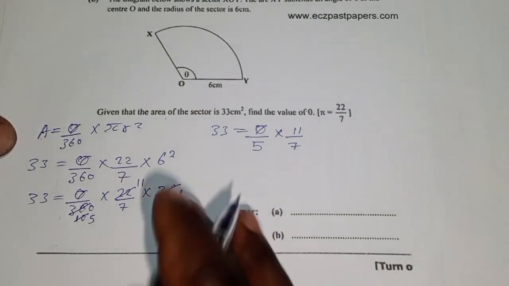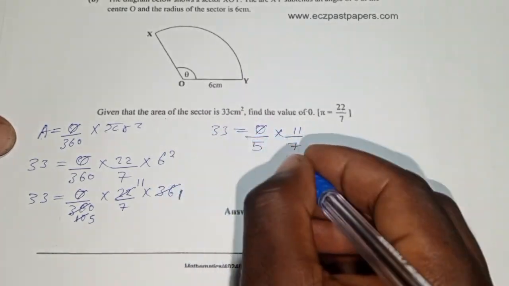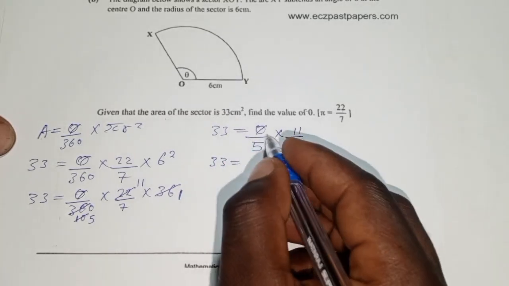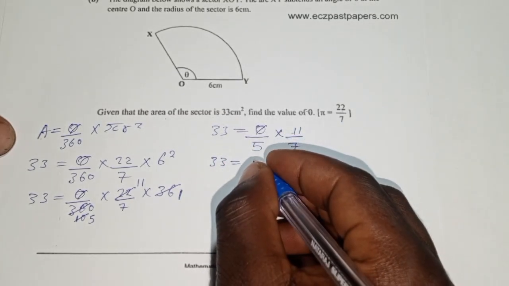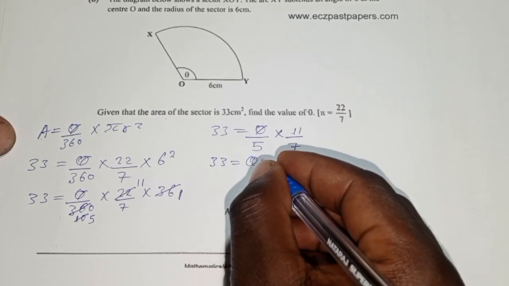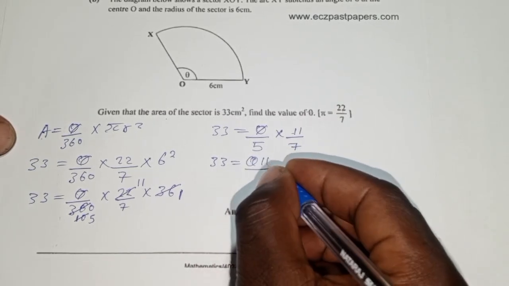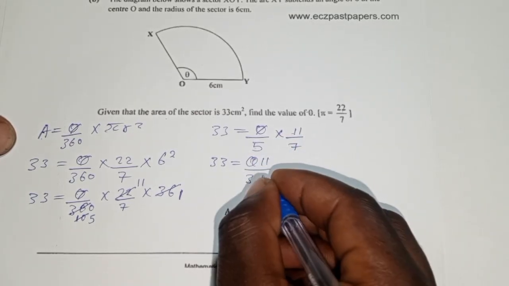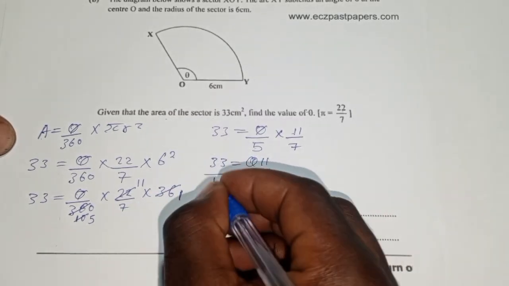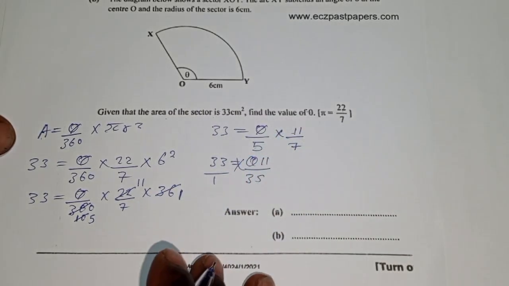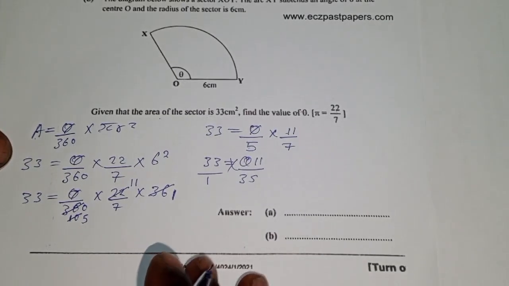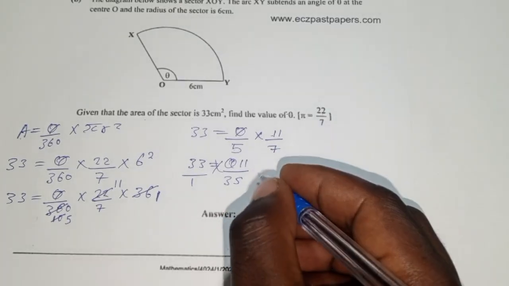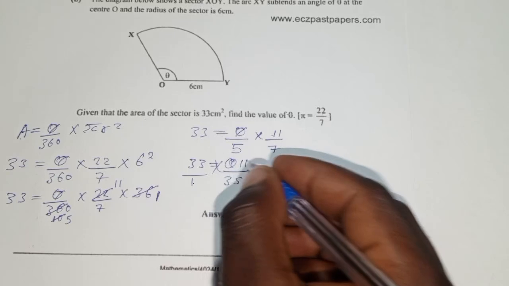Then from here we can do the calculations where we are going to say 33 is equal to this times this, we are going to get theta times 11 over this times this, we are going to get 35. From here we can just cross multiply, where we're going to have 1 times theta 11 there.